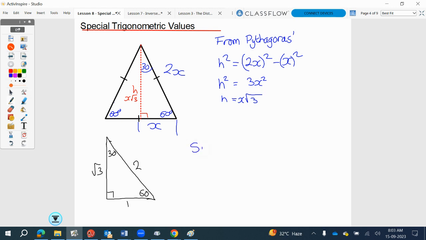So what is the sine of 30 degrees? What is the sine of 60 degrees?